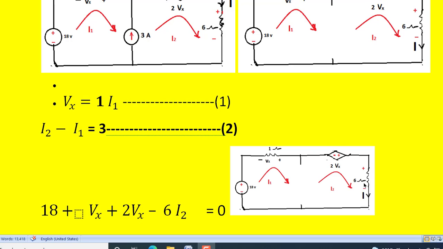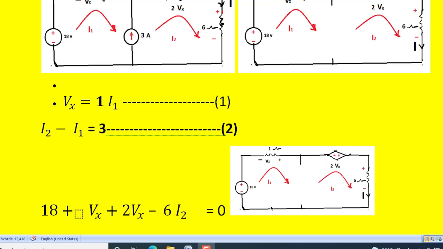Next we have the 6 ohm resistor, and here the polarity is already fixed, so going from positive to negative we call that as voltage drop, and voltage drop will get the negative sign, and the voltage drop across the 6 ohm resistor is nothing but 6 into the second loop current, that is I2. 6 I2 with minus is the value here. So we have covered this element, this element, this element, and this element.